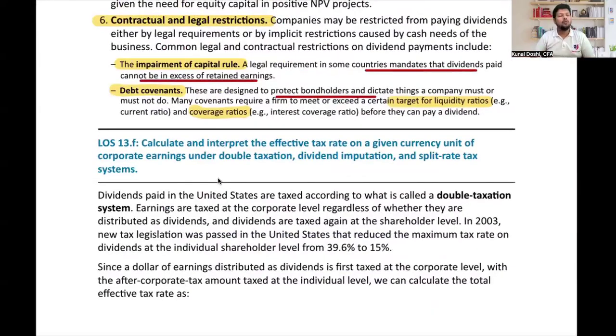Now, dividends. What we also studied probably in level one is that companies pay tax at the corporate tax rate on their earnings. But when these earnings are distributed, the shareholders also pay taxes.